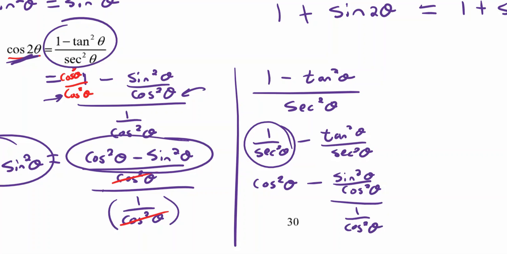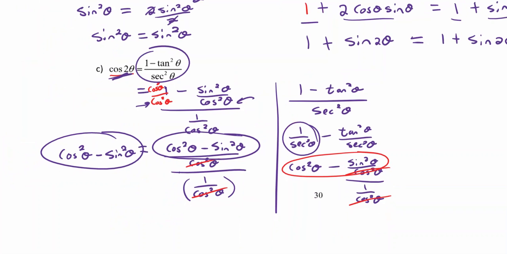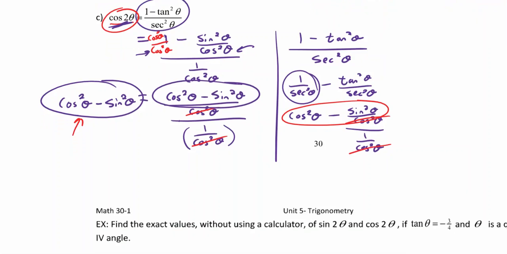And then look at that, the cos squared thetas cancel. And we end up again getting cos squared theta minus sine squared theta. So I just wanted to show you that there is no right way of doing it. There's lots of ways. We could have changed this cos 2 theta into something other than this too, and we still should have been able to simplify it down, just as long as one side is equal to the other side. Okay?